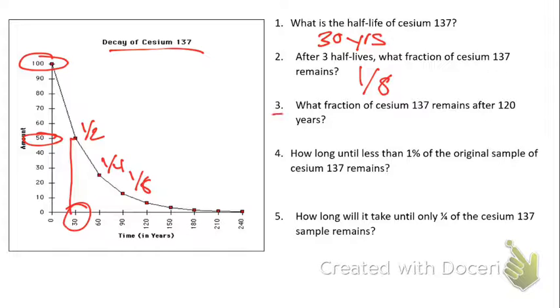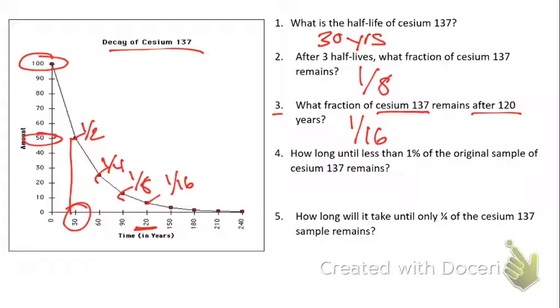Question number 3, what fraction of cesium-137 remains after 120 years? So after 120 years, we've gone through 1 half-life, 2 half-lives, 3 half-lives, 4 half-lives. And 4 half-lives would be 1/16. So 1/16 should remain after 4 half-lives or 120 years.